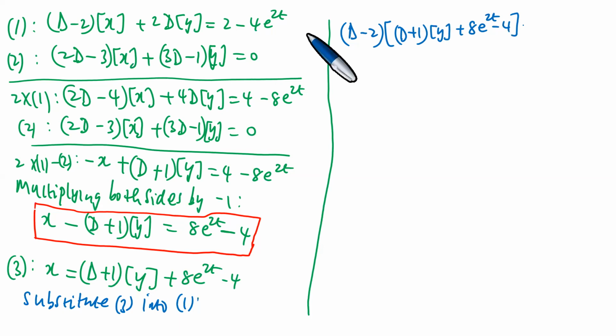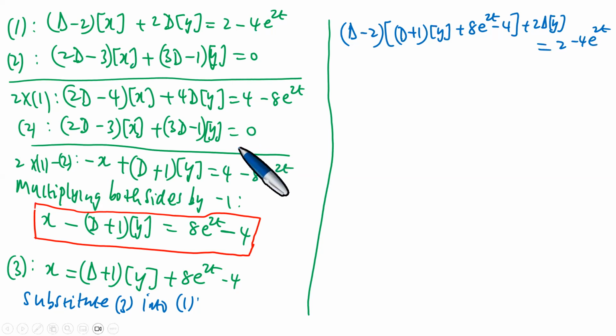Okay, plus twice d operator on y. And this whole thing is actually equal to 2 minus 4e to the twice t.